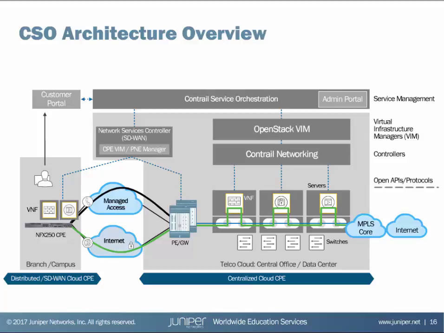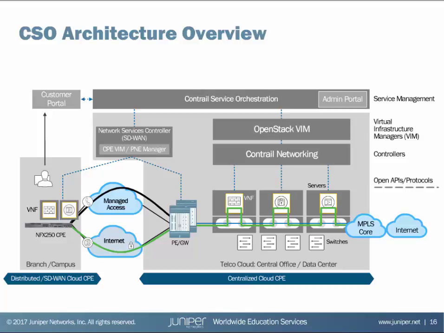So here's the Contrail Services Orchestration piece that's designed to automatically program. You see on the left-hand side of the screen here, this NFX 250. This is Juniper's open CPE platform. It's a standard x86 appliance running Linux with the KVM hypervisor, and I can dynamically, in a cloud fashion, program the virtual network functions on there using CSO.